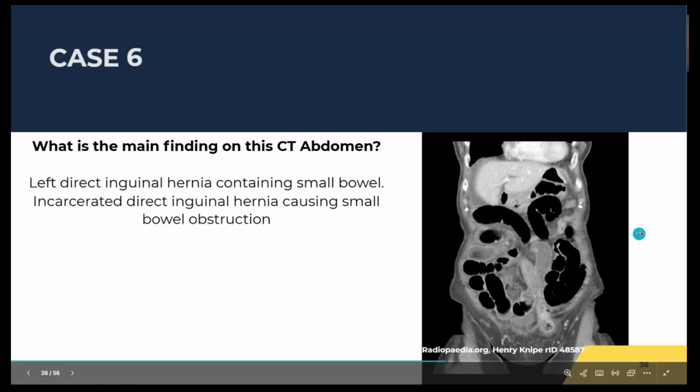Okay, good. The main finding is you see a loop of small bowel right here, which is protruding through the wall, and this confirms an inguinal hernia. It's important to note how it's dilated proximally and collapsed distally. This is a hallmark of an obstructing lesion.